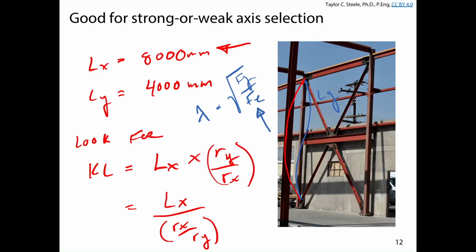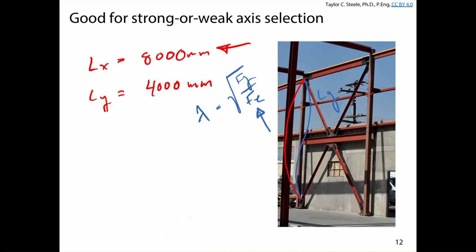I'll erase some of this other stuff here. Right, Fe is pi squared E over KL over R squared, right? On the KL over R ratio, but when we calculate Fe, we're calculating this with Ry. They give us the compressive resistance based on Ry.